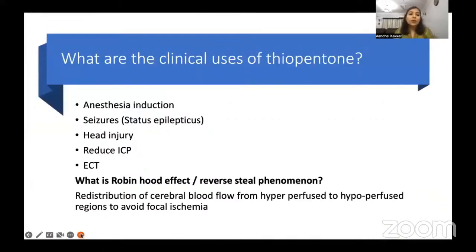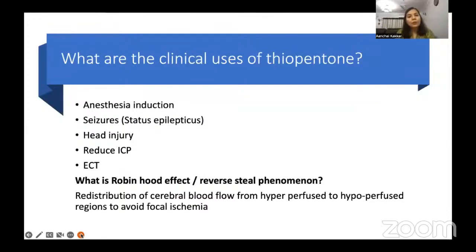The next question is, what are the clinical uses of thiopentone? Thiopentone is used as an anesthesia induction drug. Then it is used as a drug of choice for status epilepticus. If seizures are not being controlled with benzodiazepine, then thiopentone infusions are used.